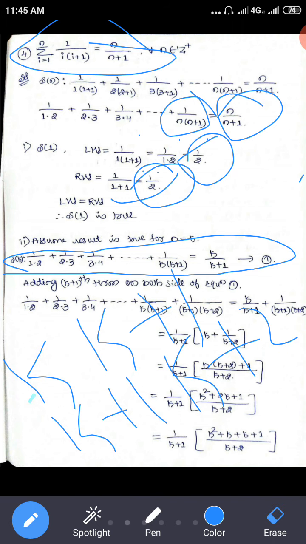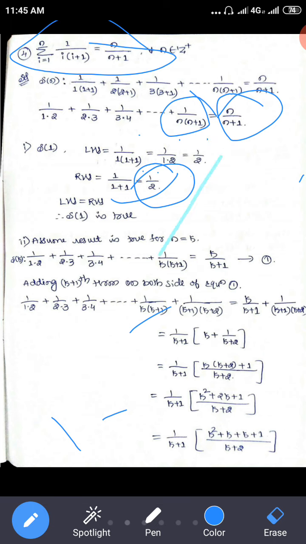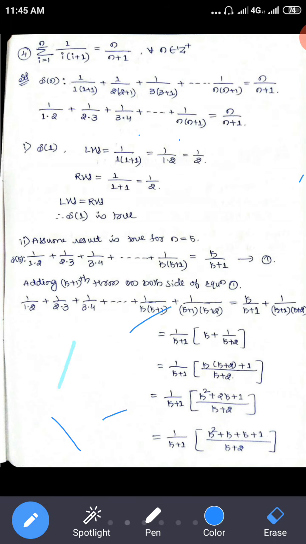So therefore you can see here: k upon k plus 1, plus 1 upon (k plus 1)(k plus 2). See here, 1 upon k plus 1 is common, so k into (k plus 2) plus 1, over (k plus 2), times 1 upon k plus 1.